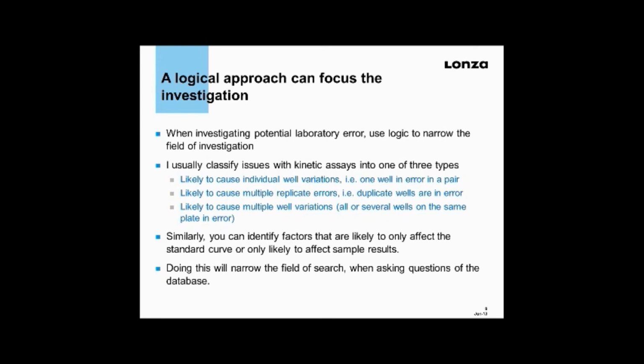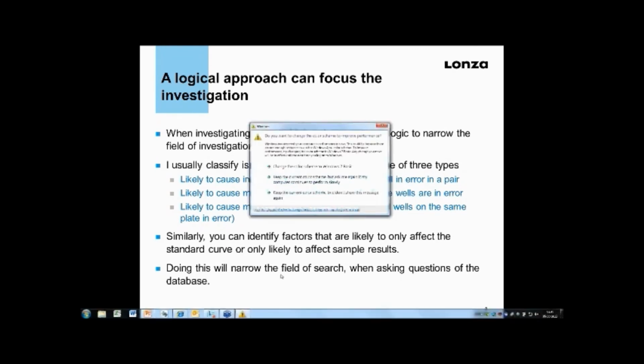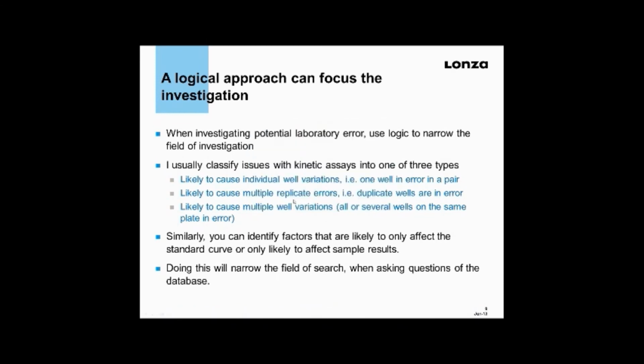And those that are likely to cause multiple well variations, some examples there would be bubbles in the plate because of a blowout using a multi-channel pipette. It could be splashing from a multi-shot pipette during lysate addition if that's done a little bit too vigorously, or poor pipetting technique. So it's helpful if you take a look at the type of error, because that can narrow the number of parameters that you're going to look at when you start asking questions of the data.